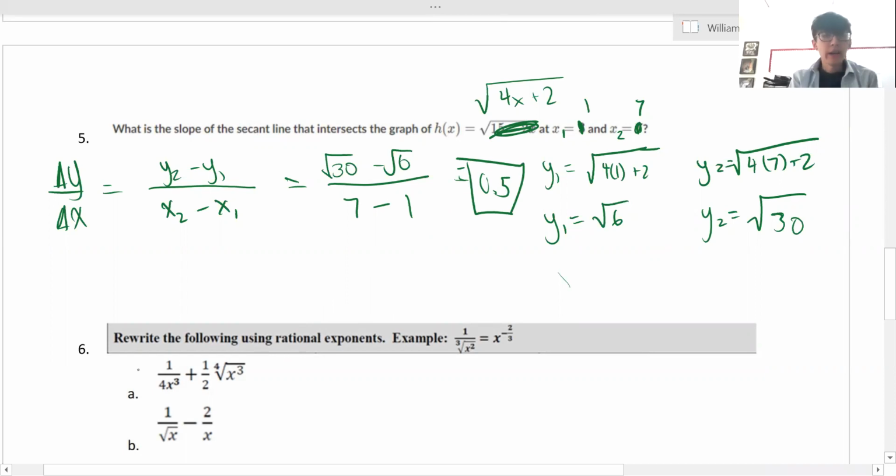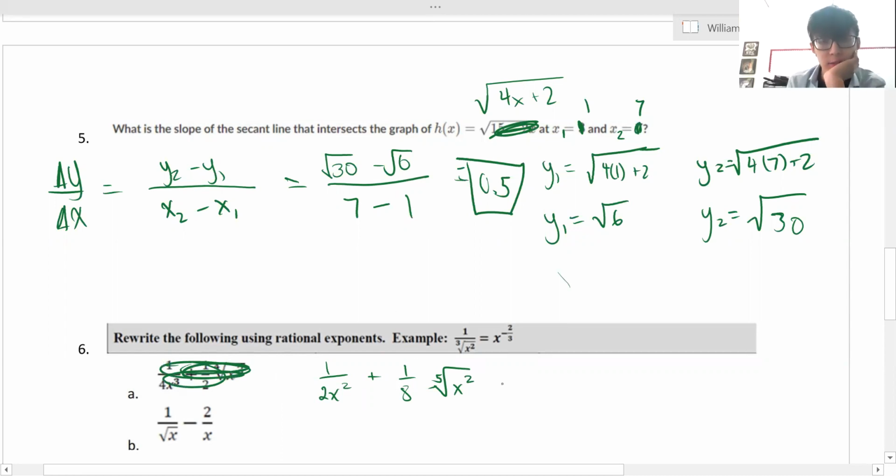Okay, I'm going to rewrite this as 1 over 2x squared plus 1 over 8 times the fifth root of x squared. We're going to rewrite this using rational exponents.